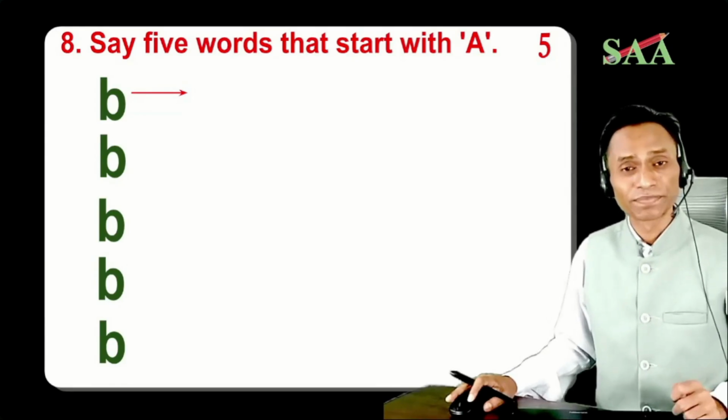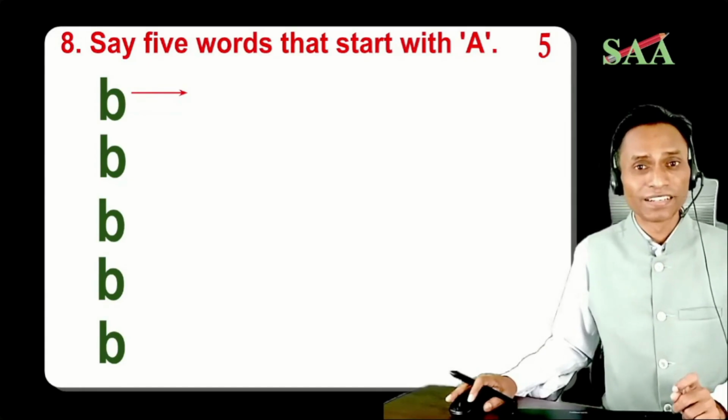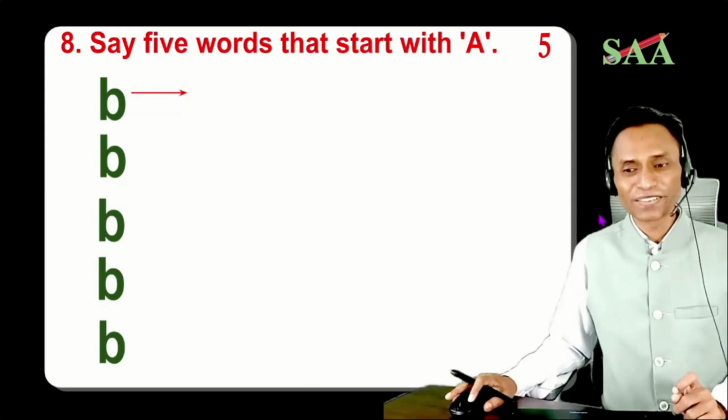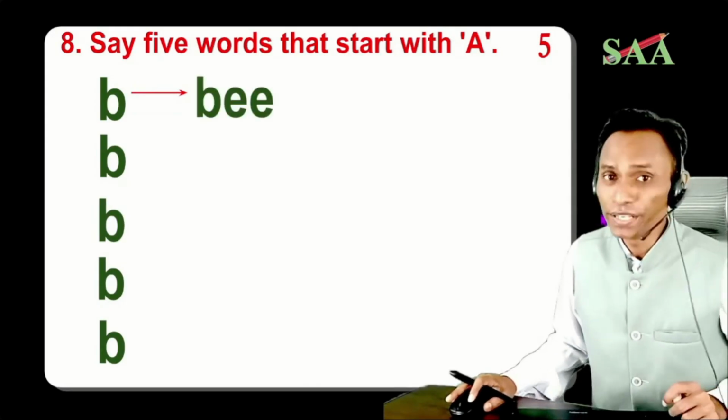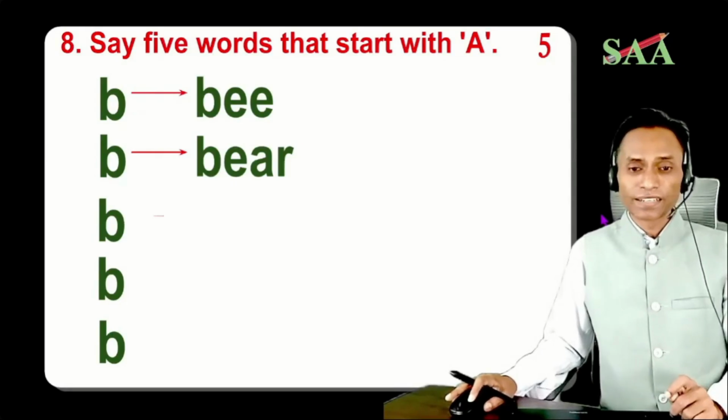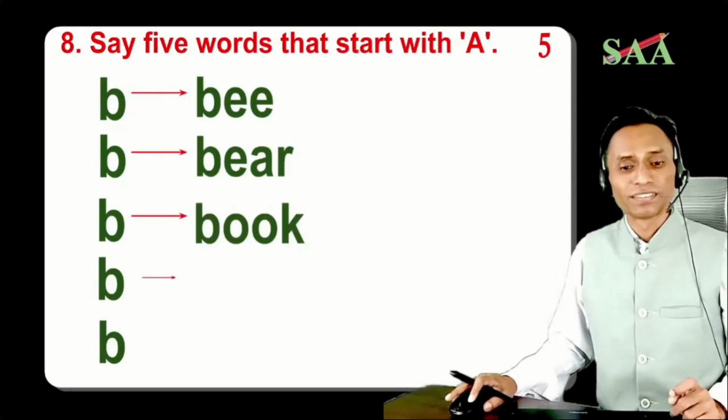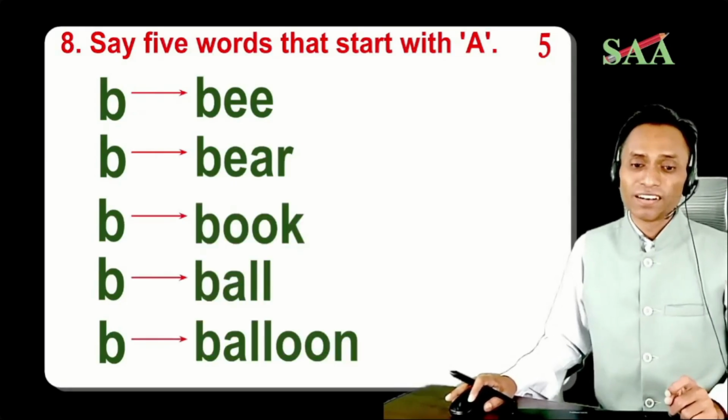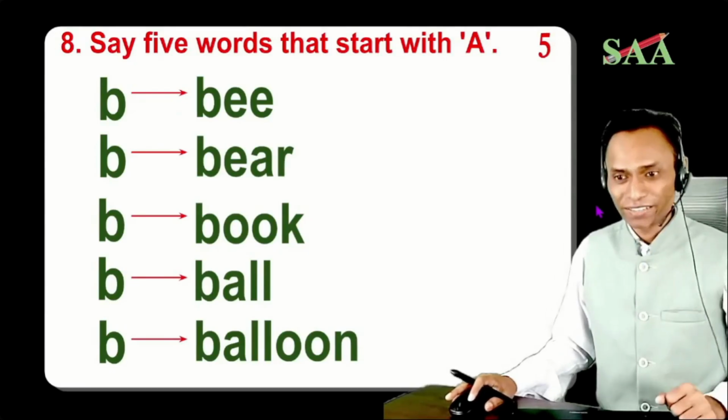Butterfly. Bear. Yes, bear. Very good. Well tried. I have written here B: bear, book, banana, ball, balloon. Yes, banana is also correct, right?